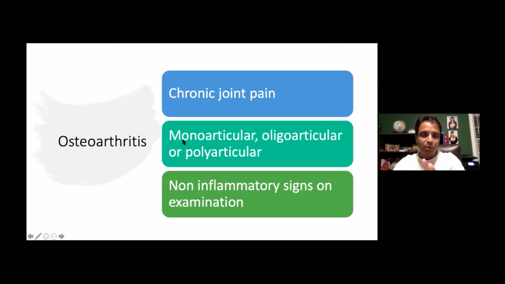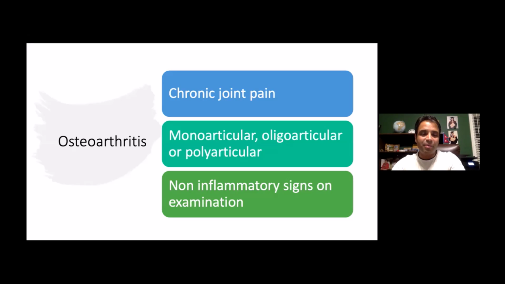Now, I'll give you a little bit of overview starting with osteoarthritis, which is one of the most common forms of non-inflammatory arthritis, and usually the patient presents with chronic joint pain for several years. It could be monoarticular, particularly the knees, the hips, or the low back, which are the most common areas, and it could be oligoarticular or even polyarticular.